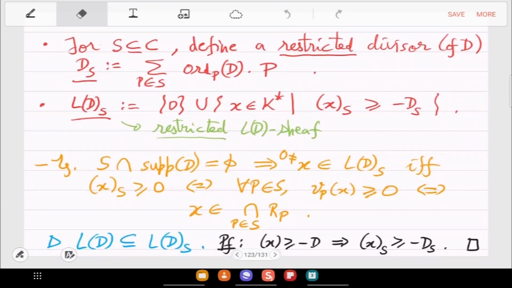LDS is similar to LD sheaf, but it's restricted to a subset of points: all the rational functions whose poles are not any worse than d at the points in S. S are some points, so we are not looking at all the points in D, but only those points which are contained in the subset S. We'll generally take S to be a finite subset.